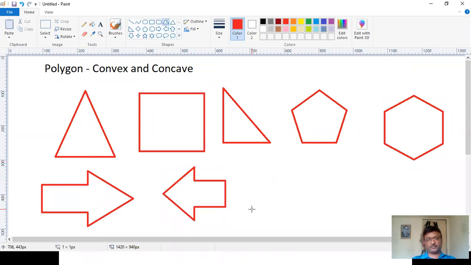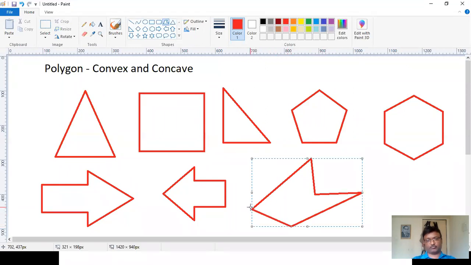This again you can say is one of the figures like this. You can draw. This again is one of the closed figures. Correct. Now see, why is this the convex?